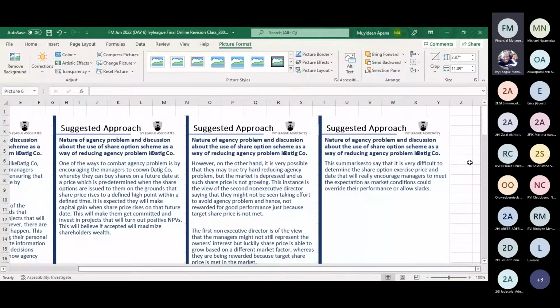So when exactly can we say share option schemes should happen? We can't tell. And how much should we set as the exercise price, in terms of the target share price? We can't really say. We are not sure of what will happen in the market.